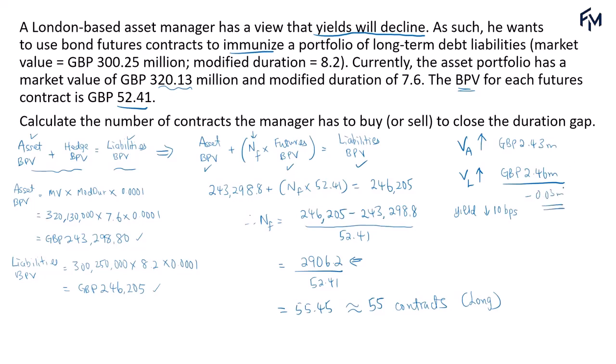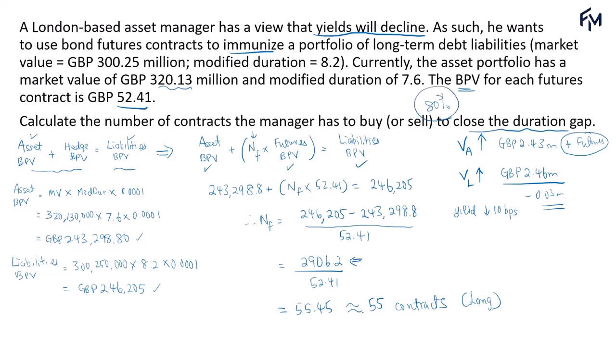So in order to prevent this from happening, that is why we have to close the gap. We need to make sure that we use futures contracts to increase the BPV so that it negates this negative impact on the fund's equity value. Now, of course, this is a 100% hedge when we are closing the duration gap. If the fund manager may not want to hedge the entire thing, maybe you only want to hedge 80% of the gap.